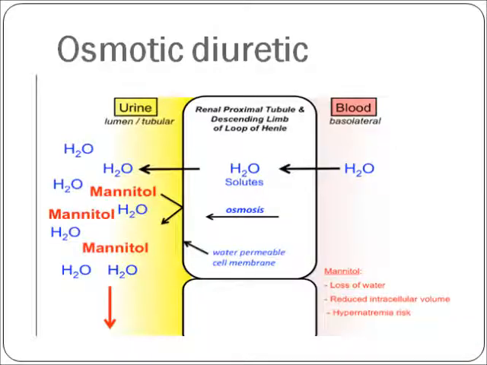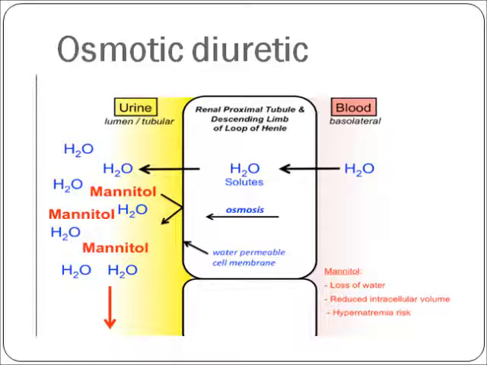For this reason, I would like to explain osmotic diuretics among the treatments for hypertension. An osmotic diuretic is a non-electrolytic substance that is filtered in the glomerulus but is not reabsorbed in the tubule.